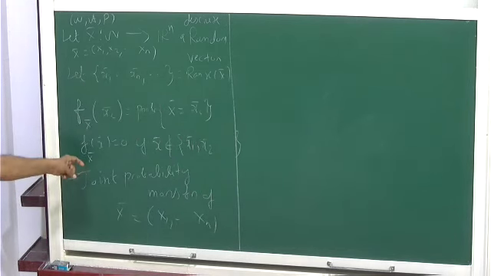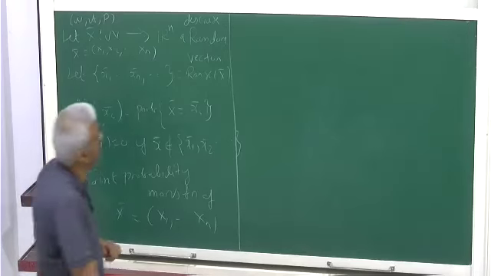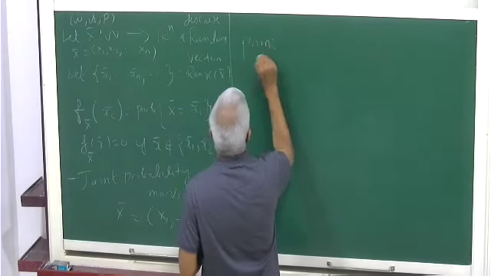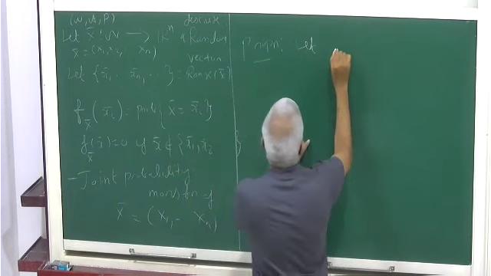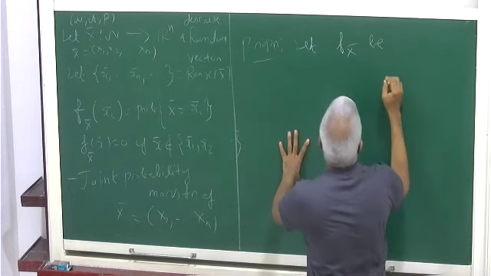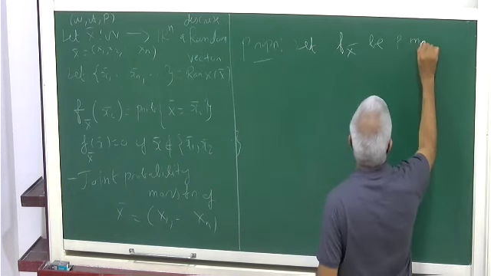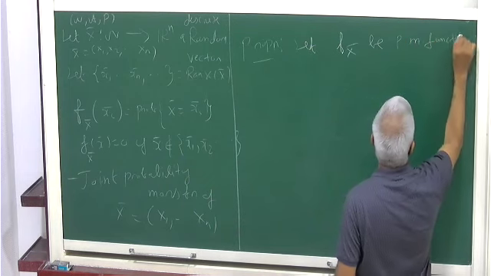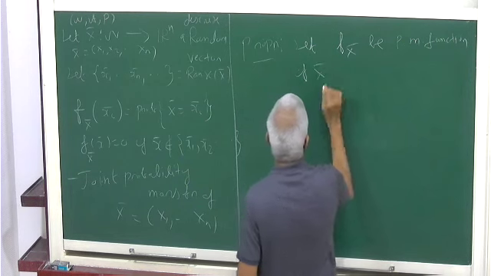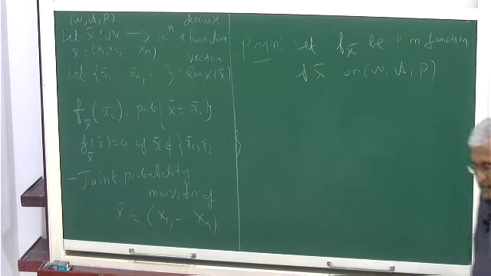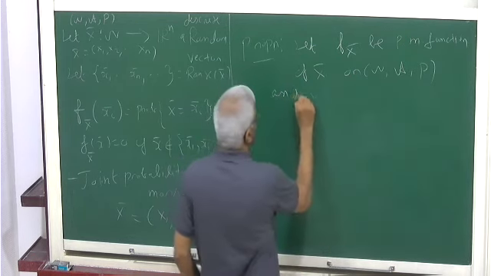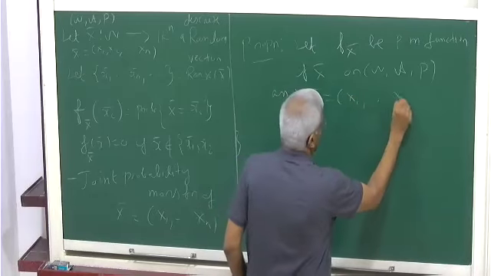Then if you are given a joint probability mass function of some random vector, how do you get the mass function of each random variable? So this is the proposition. Let f_x bar be the joint probability mass function of x bar on some omega, and x bar equal to x1 to xn.